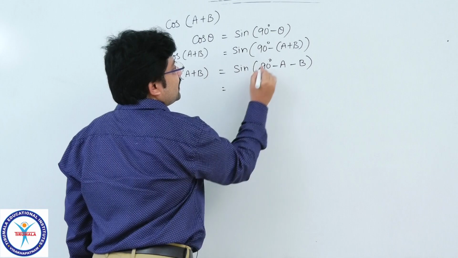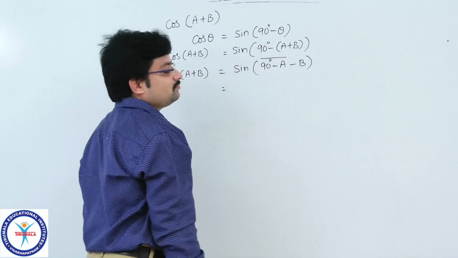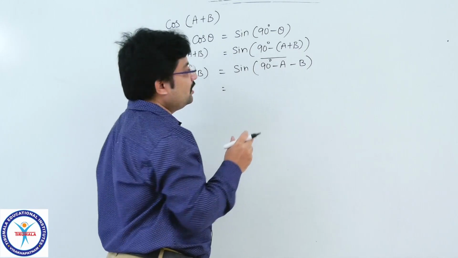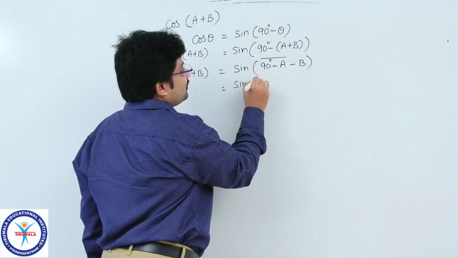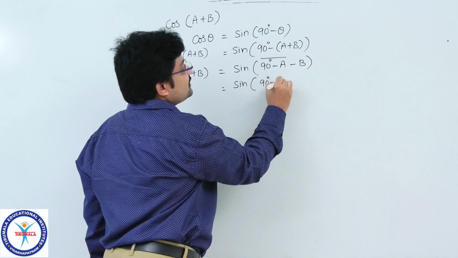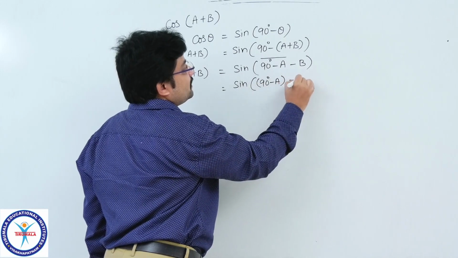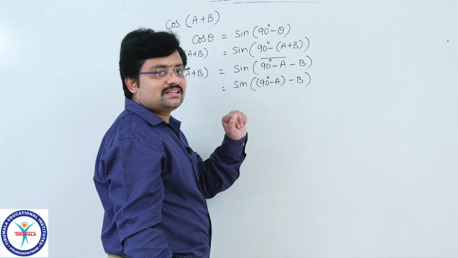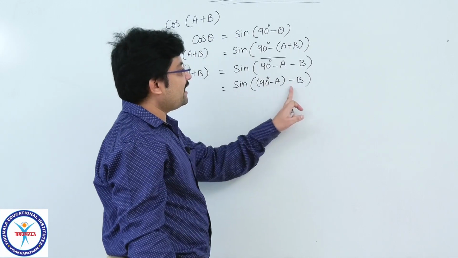Here 90 minus A is considered as a single term. Then it will be like sin(90 degrees minus A minus B), which is in the form of sin(A-B).